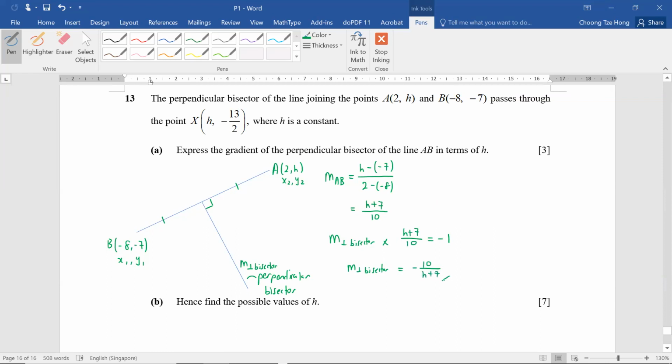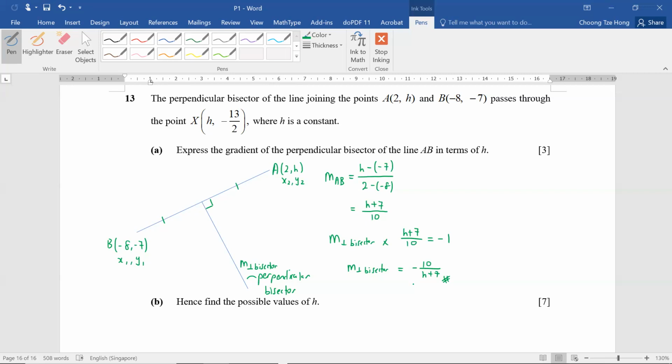This will be the answer for the first part. So don't be afraid of trying the question, although there's an unknown like h. Just apply the concepts you have learned in the curriculum.